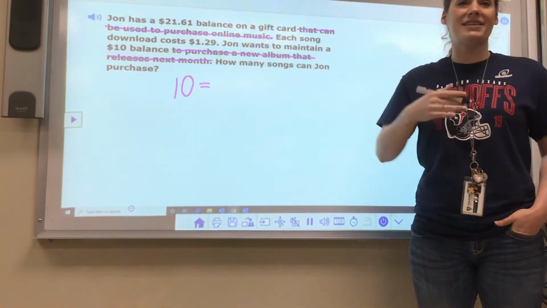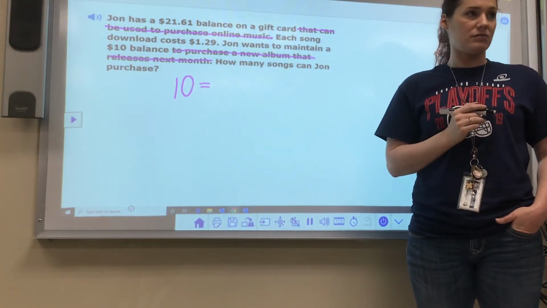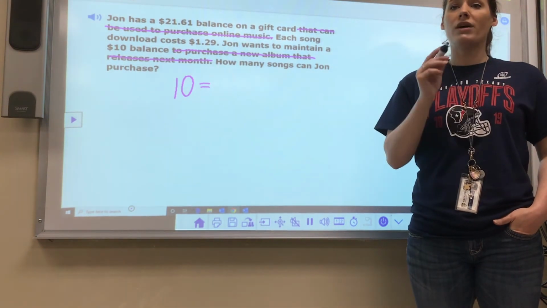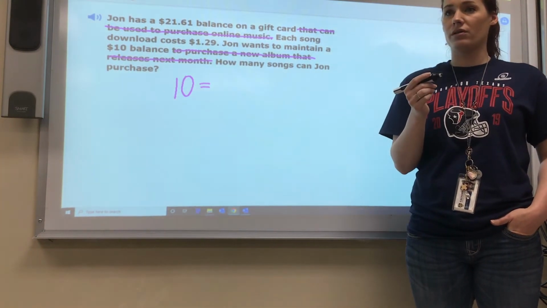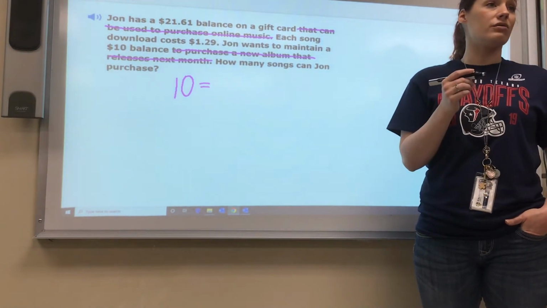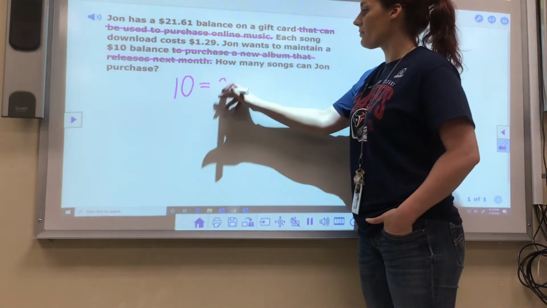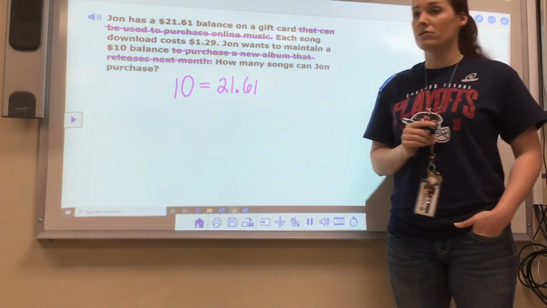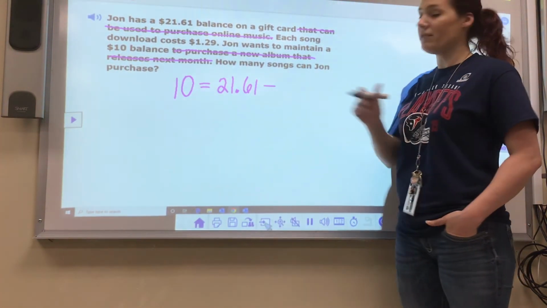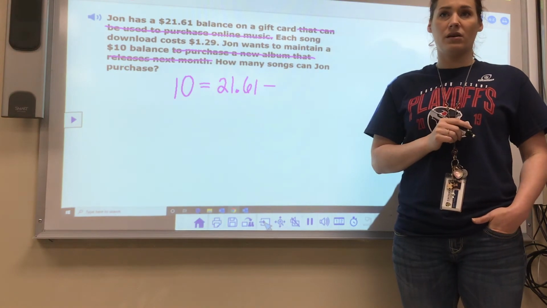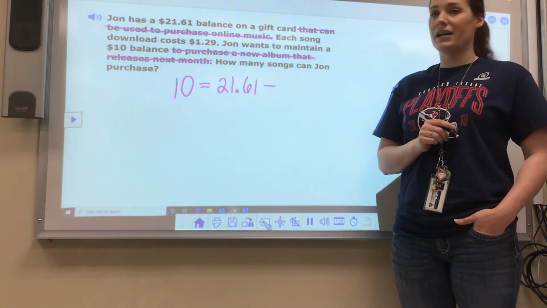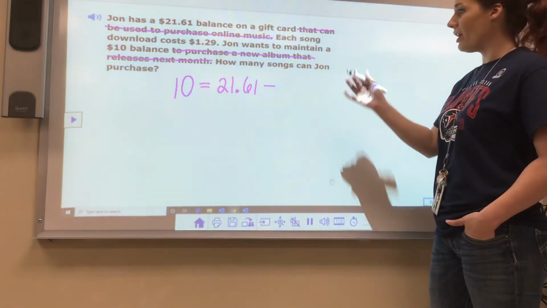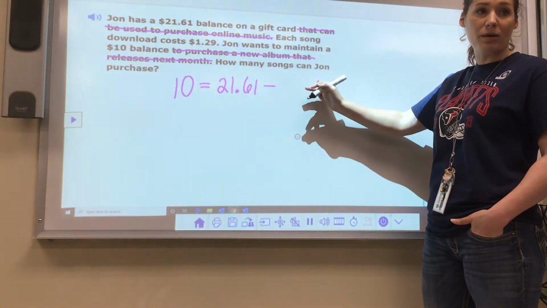And what is he doing to get to that $10 balance? He's subtracting. What's he subtracting from? A gift card. Of how much value? $21.61. Okay, he has $21.61, and he's subtracting from that $1.29 per song.